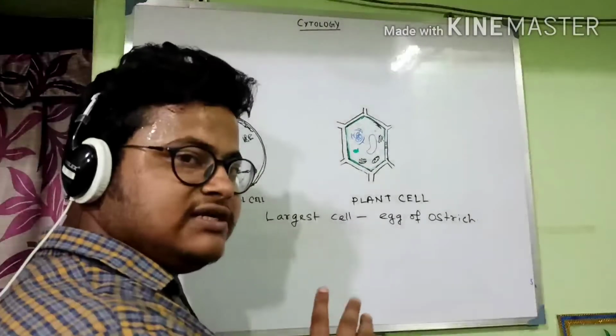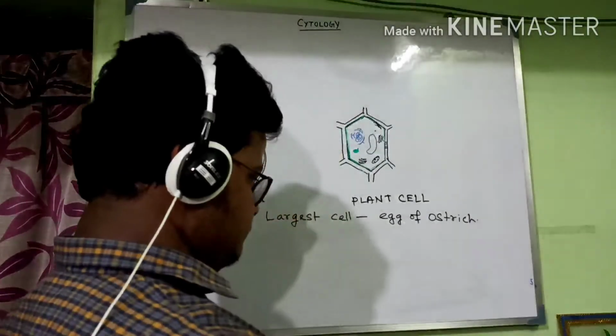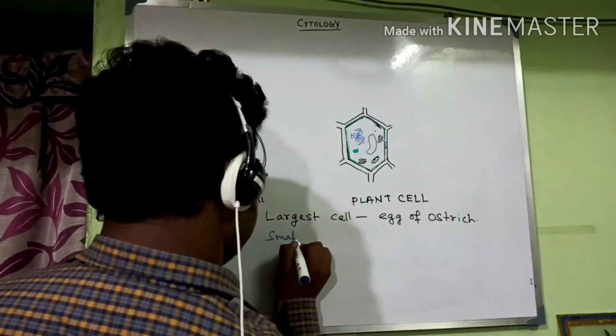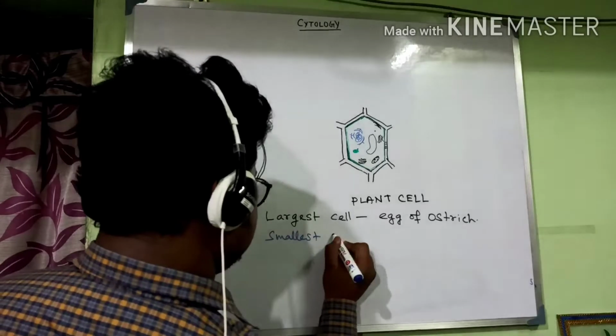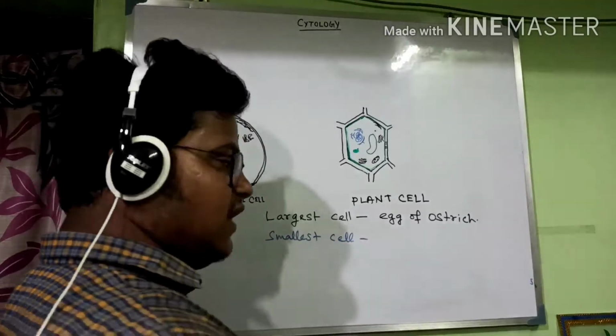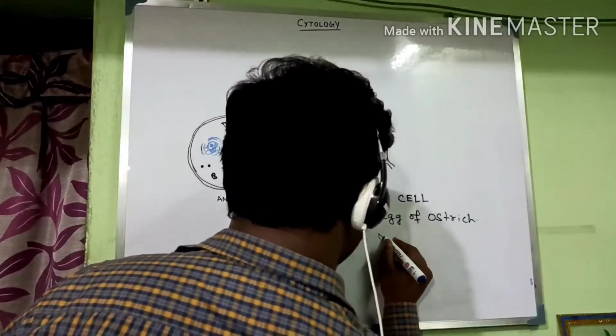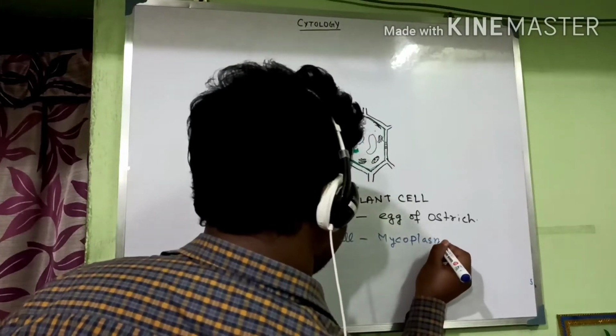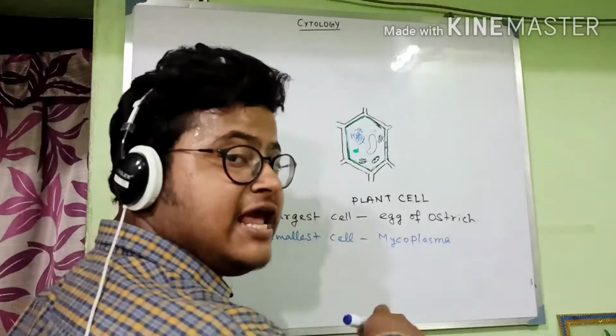And what is the smallest cell? That is Mycoplasma, or PPLO.